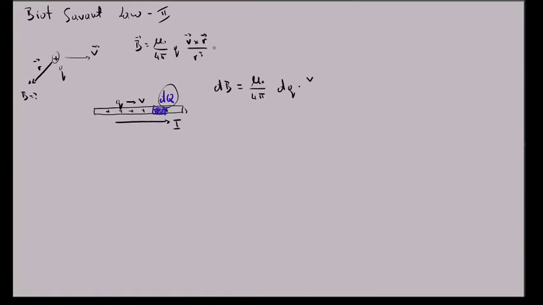well, I'm going to transform this equation. All right, so let's do it this way. This is the same thing as mu naught over 4 pi times q times v cross r hat over r squared.